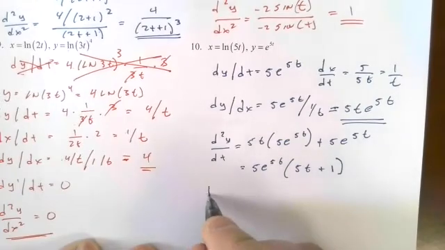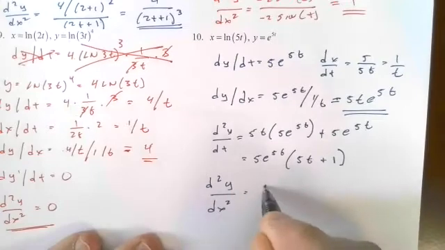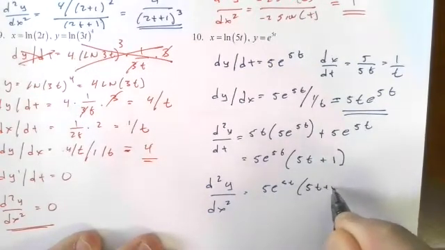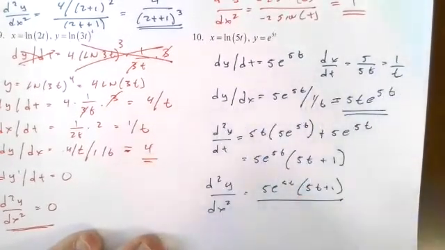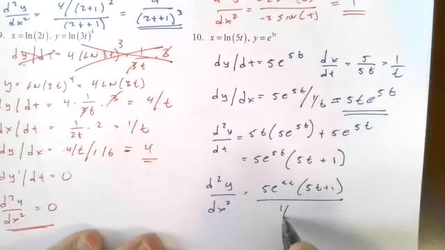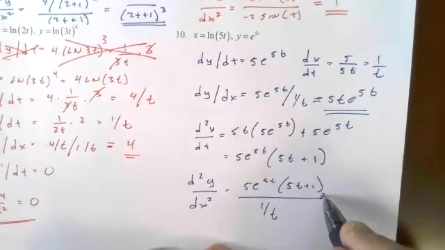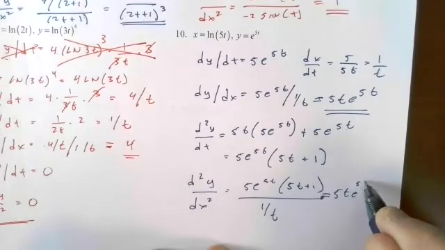Just a little bit neater looking, not much. d squared y over dx squared is 5e to the 5t (5t plus 1) over 1 over t, which equals 5t e to the 5t (5t plus 1).